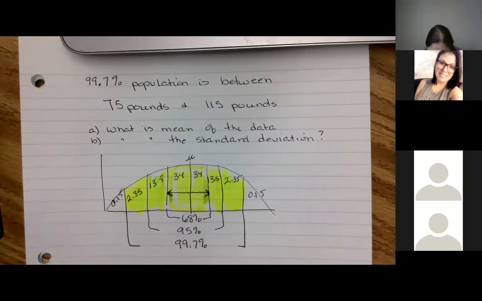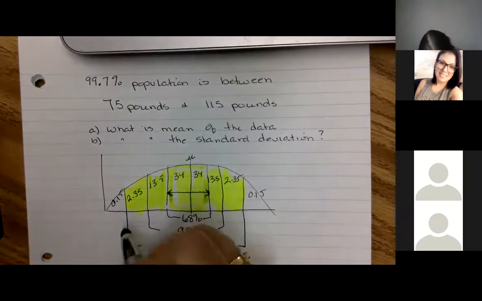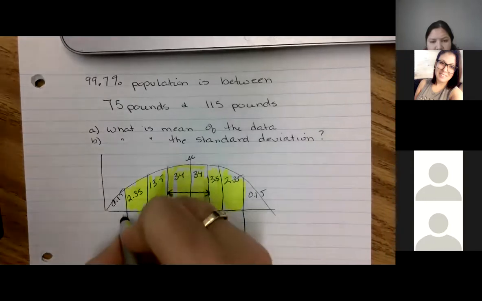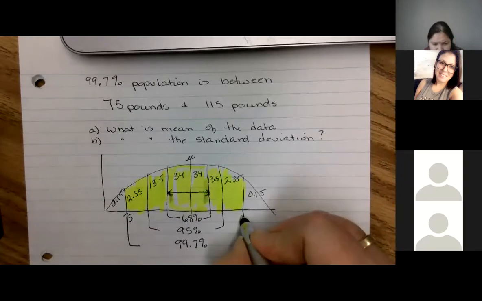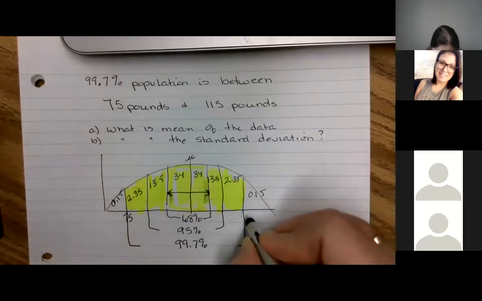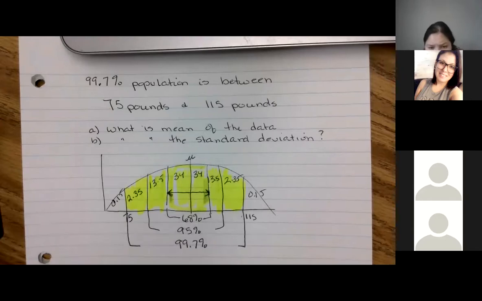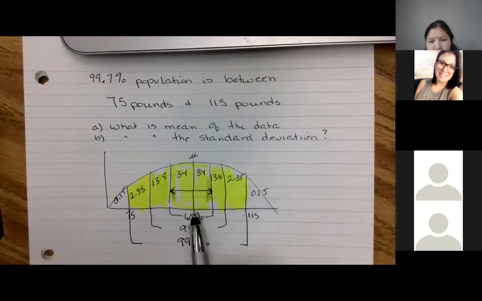So if 99.7% of my population is there, who can tell me, maybe Clarissa, what number should I put down here? 75. Nice. So then what goes here? The 115. Nice. How do we get the mean? I don't know. Okay. Somebody else want to jump in? Rachel, if you know these two numbers, how do you find the middle of just in general two numbers?